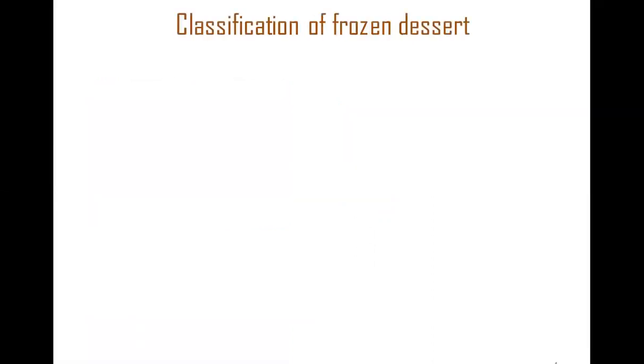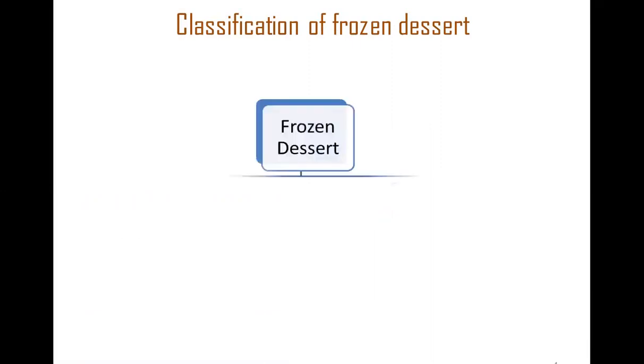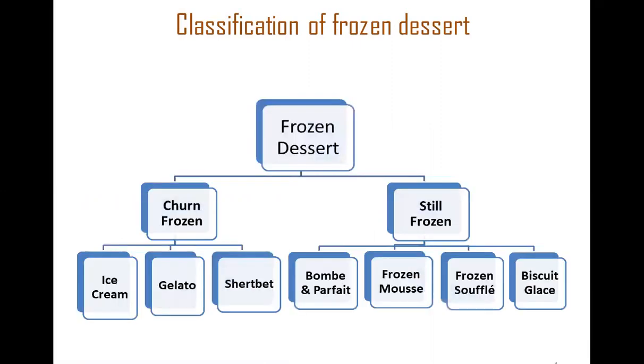Next one is the classification of the frozen desserts. So the frozen desserts are classified into two categories. First one is churn frozen dessert and second one is still frozen dessert.